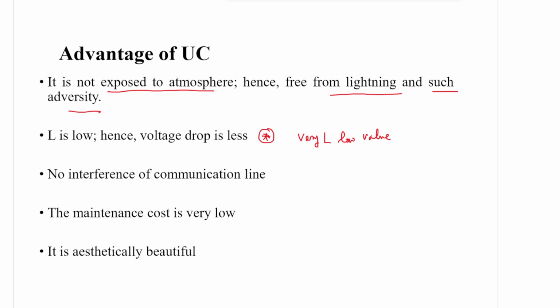This is the very important feature of underground cable: L is extremely low. However, capacitance is very significant.